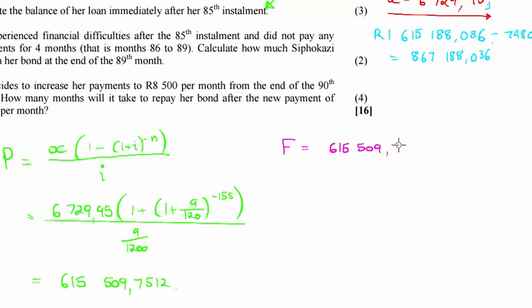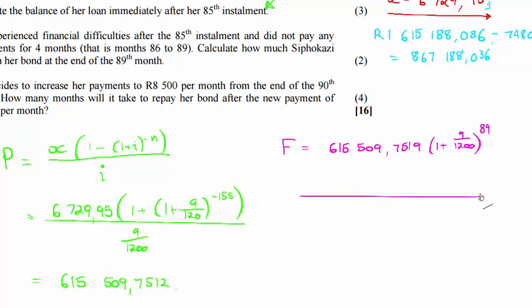Okay, and then what did you do with that amount? 1 plus, explain. 89. Okay, so did you draw a timeline? No. Oh, then you'd have lost all the marks if I marked you.